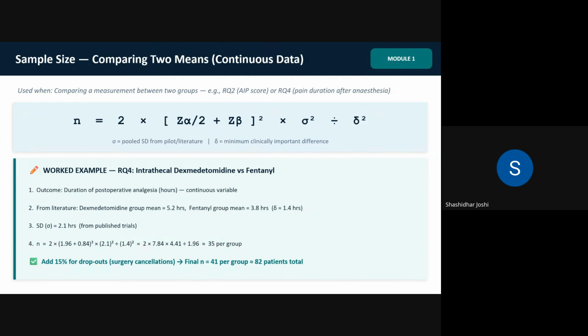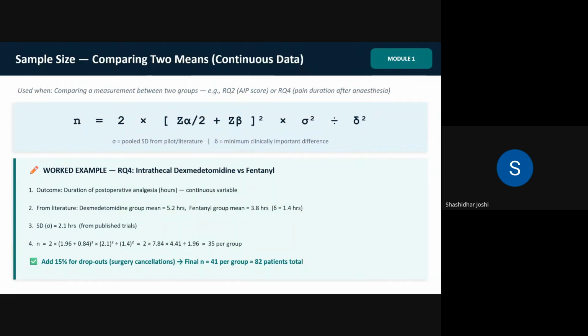For this kind of exercise, the sample size formula is given here. Again, you see Z alpha by 2 plus Z beta, which, as I said, is always fixed. Now there is one more component here called sigma square, which is the standard deviation. You need to get it from literature. I also have one more component here called delta, which is the minimal clinically important difference between the two groups.